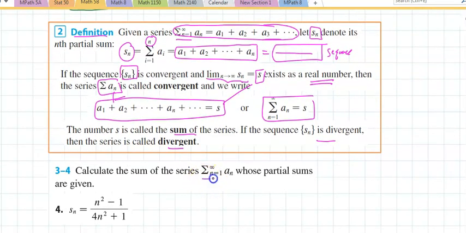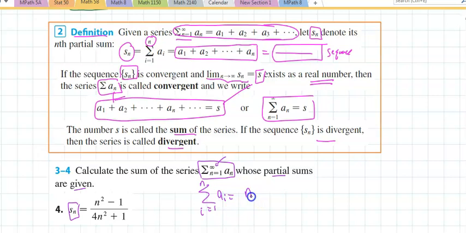They say we have this series. Notice this series is infinite. They were able to find a partial sum. They were able to find the sum from i equal 1 to n of a sub i.